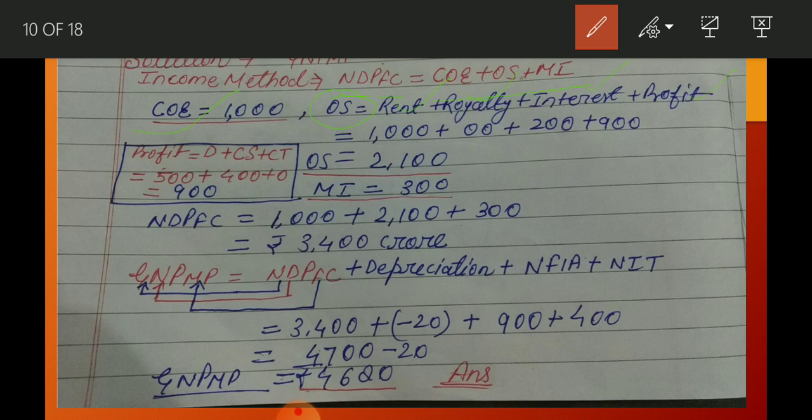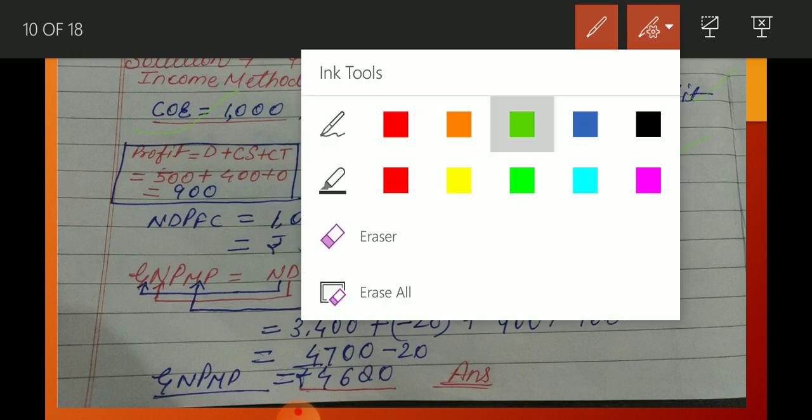The value of rent is 1000, royalty is not given so we will consider 0, the value of interest is 200 and profit is 900. In this way, the value of operating surplus is equal to 2100, and the value of mixed income is given as 300. Now we will put all the values in this equation.